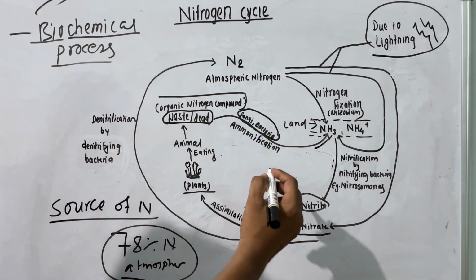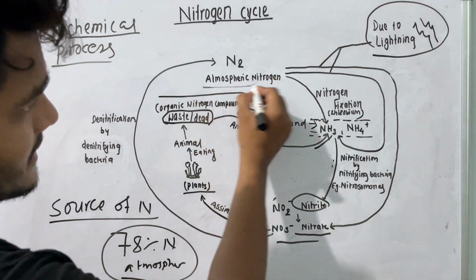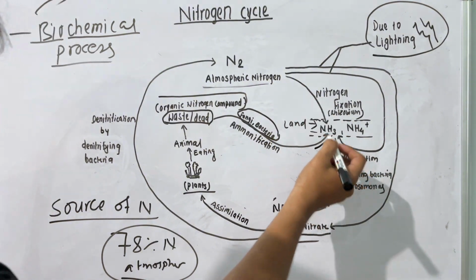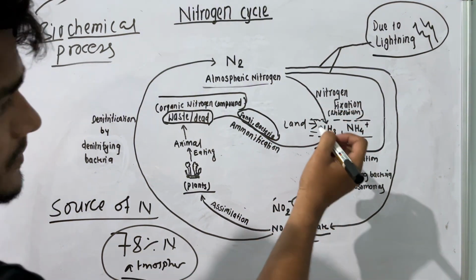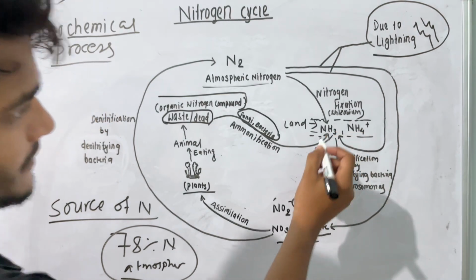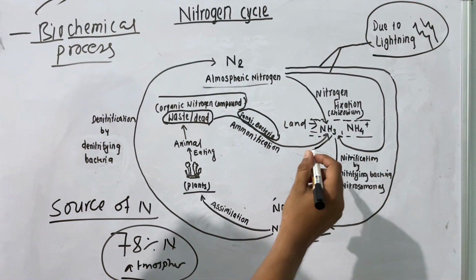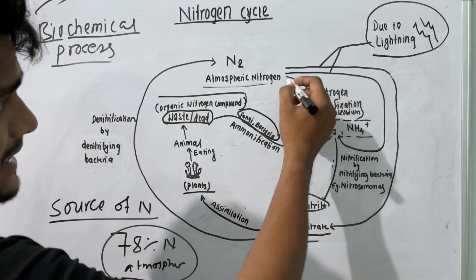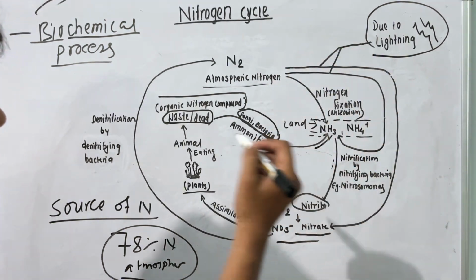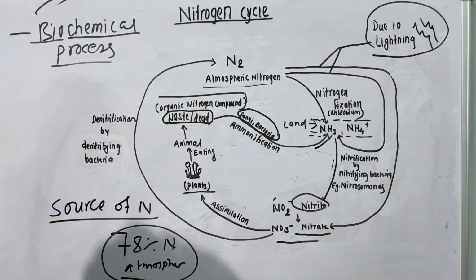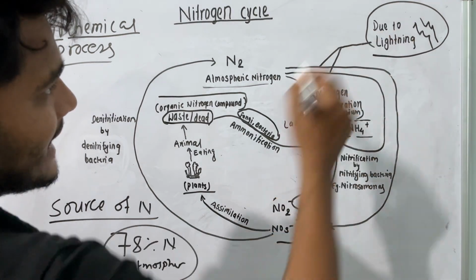Now this atmospheric nitrogen is fixed by the nitrogen fixing bacteria into the soil in the form of ammonia and ammonium ion. At the same time another process can also occur, that is due to lightning.